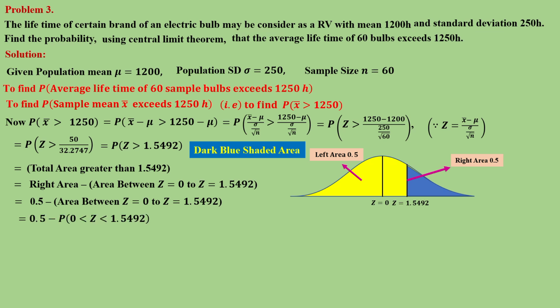So that is equal to 0.5 minus probability of 0 less than z less than 1.5492. From the normal table the value is 0.4392. So 0.5 minus 0.4392. So the probability is 0.0618.